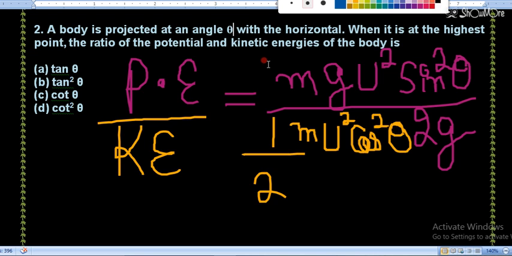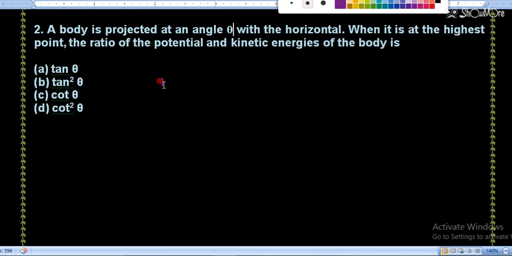Now I have to cancel the terms. m is cancelling out, u square is cancelling out, 2 is also cancelling out, and g is also cancelling out. So we will be left with sin square theta by cos square theta. And if you know trigonometry well, sin square theta by cos square theta will be equal to tan square theta.